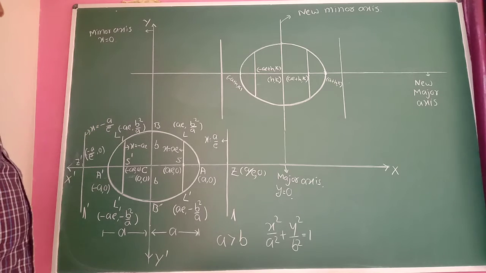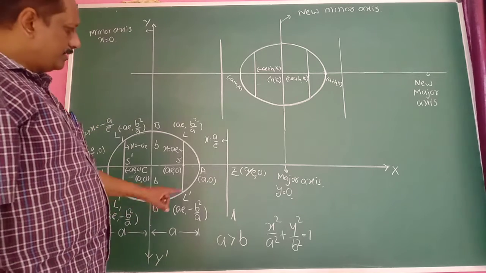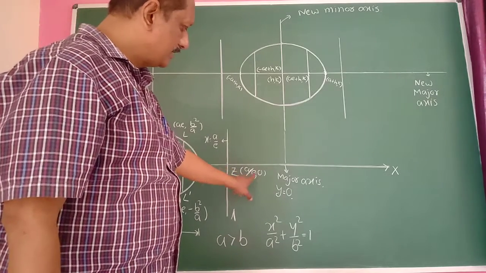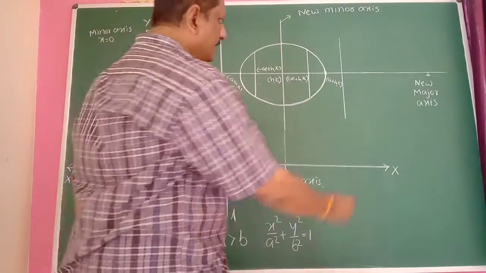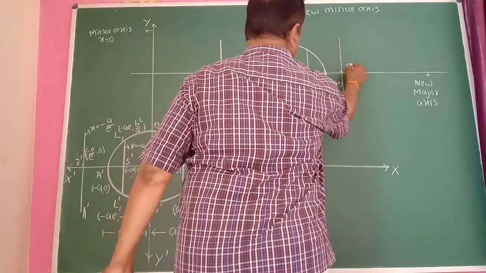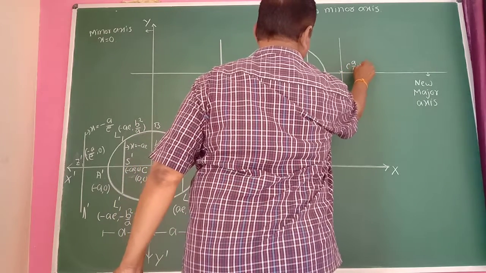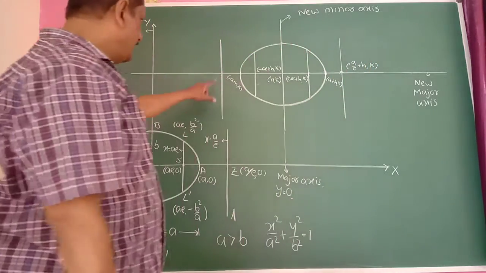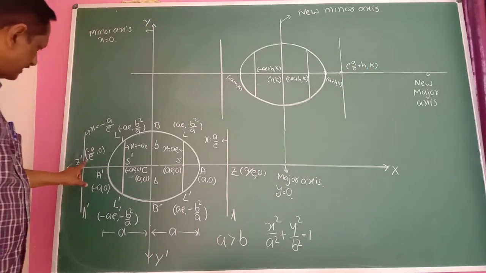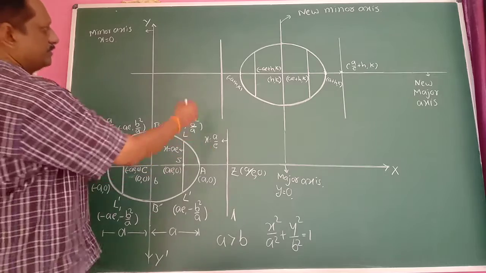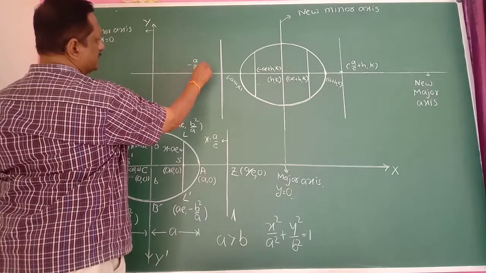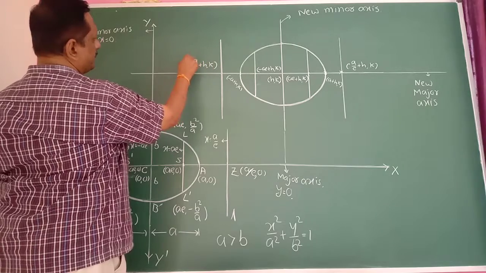Then the coordinate of the point Z is a upon e comma 0; adding h and k, it becomes a upon e plus h comma k. And this other point, adding h and k, is minus a upon e plus h comma k.